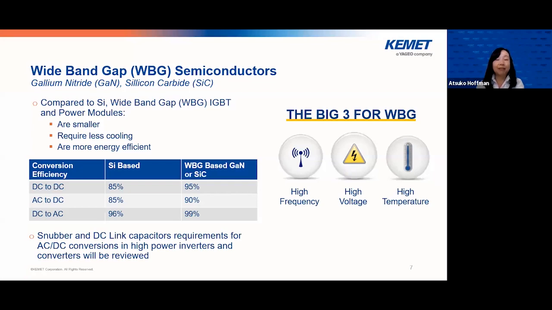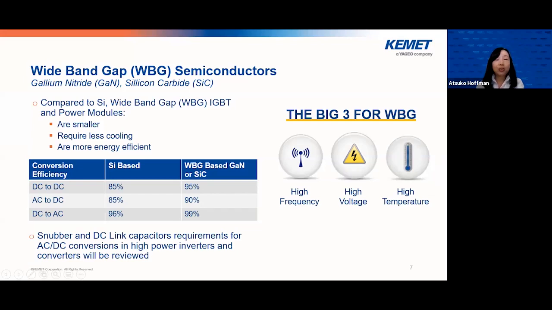The bandgap energy of a wide bandgap semiconductor is higher than traditional silicon, and that gives the advantage of working at higher frequency, high voltage, and high temperature. That's what we call the big three of wide bandgap.